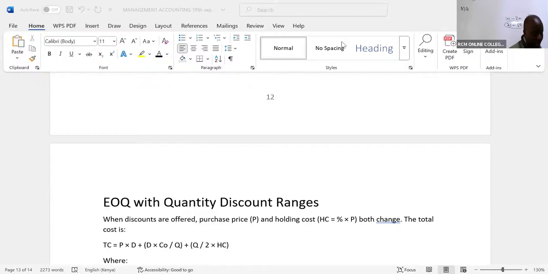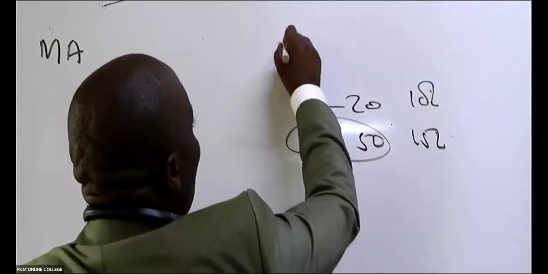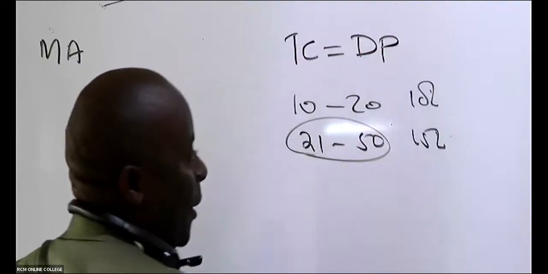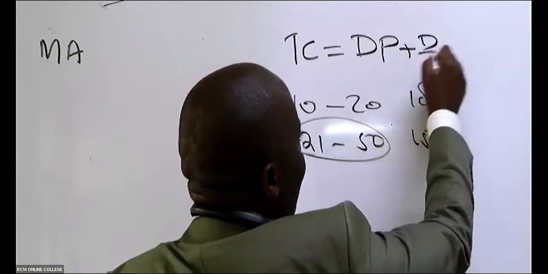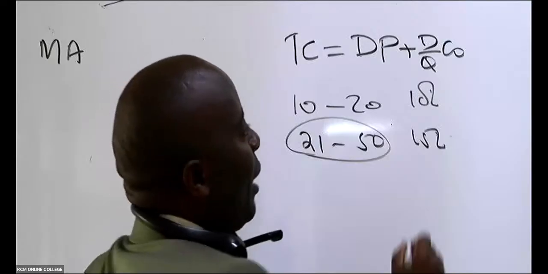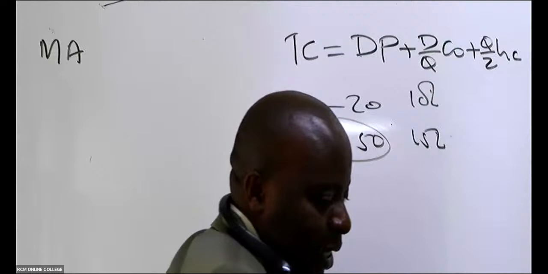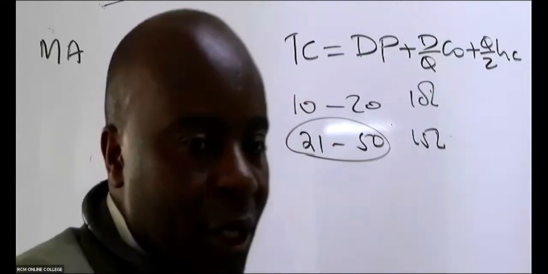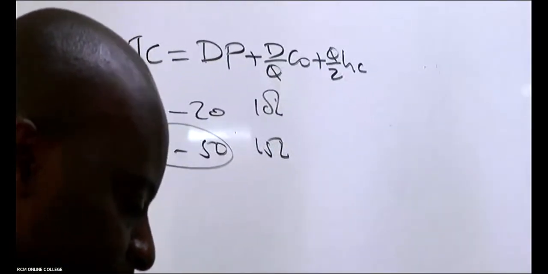To get total cost, we normally take the annual demand times the price, plus D over Q times CO, plus Q over 2 multiplied by HC.